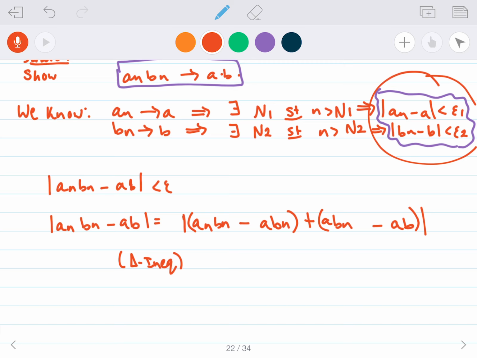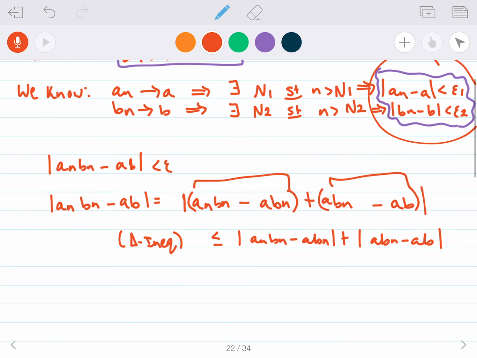That's really the name of the game here. What does capital N have to be? So by the triangle inequality, this is going to be less than or equal to the absolute value of a_n b_n minus a b_n plus the absolute value of a b_n minus ab. Okay, I'm just using the triangle inequality with these two things in parentheses here.